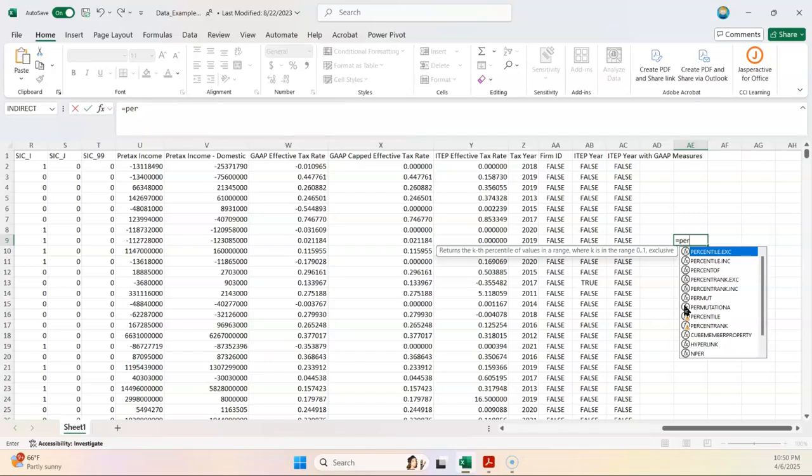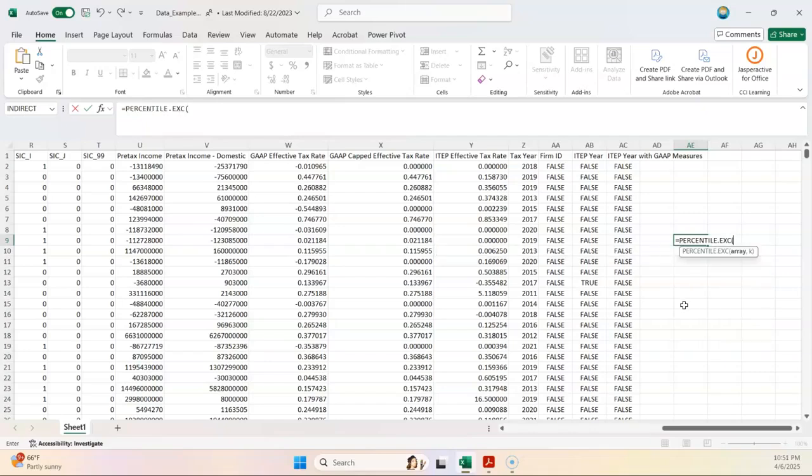We calculate this the same way as the other ones. We have an array and a K. The array is just the numbers we're looking at. Obviously, we'd be doing the entire set, using a range name because there are 27,000 data points. Then you comma, and tell it what percentile you want.